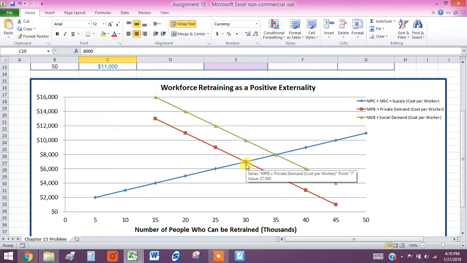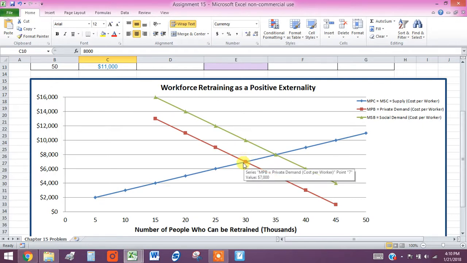Now, the deadweight welfare loss is this triangle right here between where they're operating and where the optimum level of output is, where marginal social benefit right here equals marginal social cost. So we're defining this triangle right here.